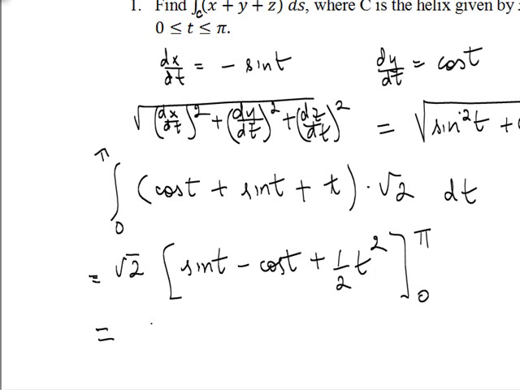And when you work that out, you get 2 square root 2 plus square root 2 over 2 pi squared. So that's number 1. Any questions here?